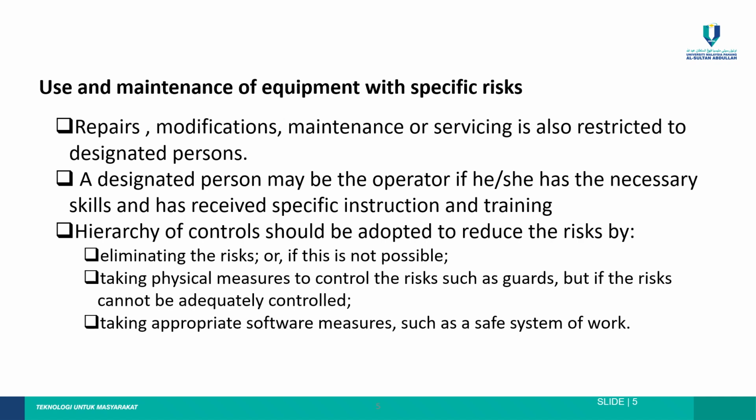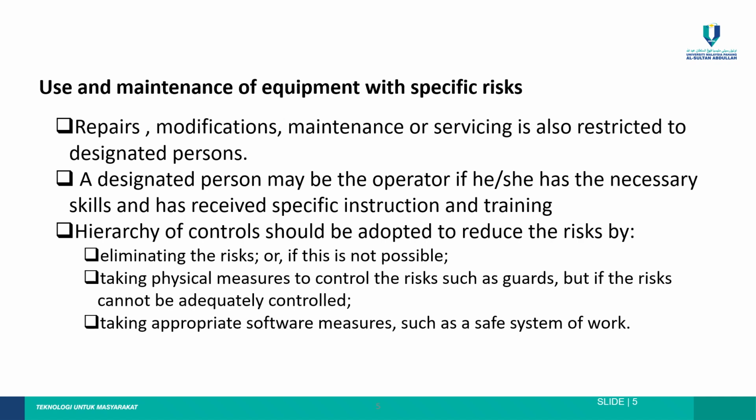Okay. So for every equipment we are using, or any work we are doing, there should be in my mind the hierarchy of control. So we shouldn't, for every equipment that we want to use, always put PPE as the first hierarchy of control.